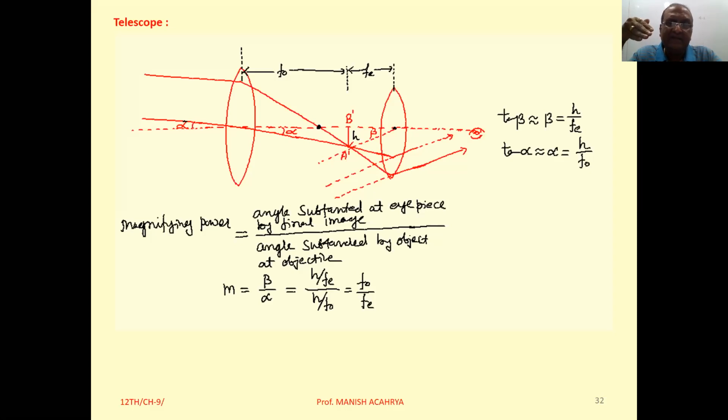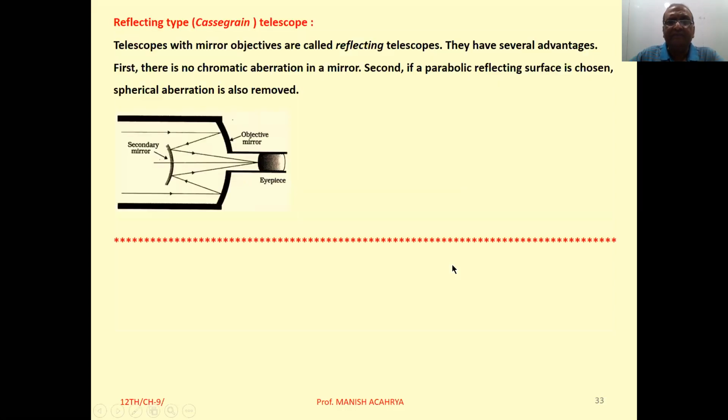So Cassegrain developed the reflecting type telescope. And see, this is the reflecting type telescope, that is the Cassegrain telescope. In that there are two mirrors. The objective mirror is a concave mirror.